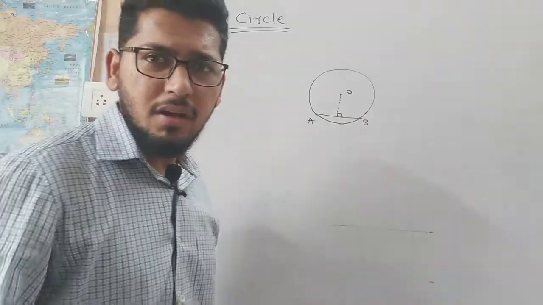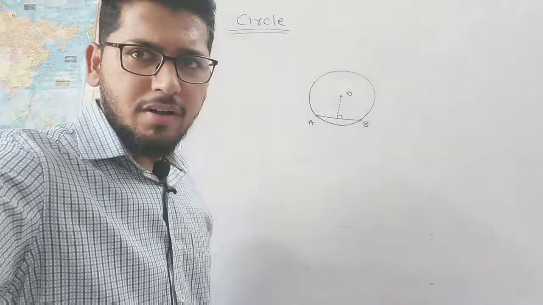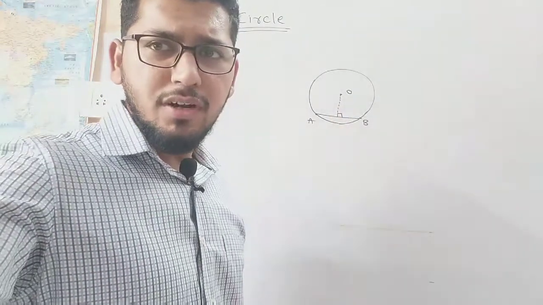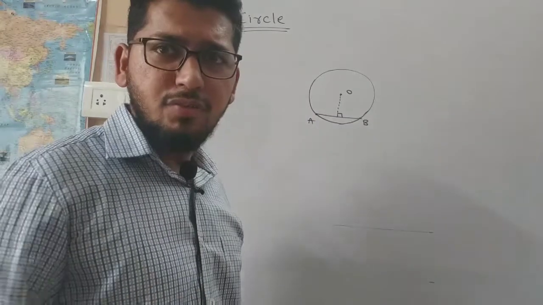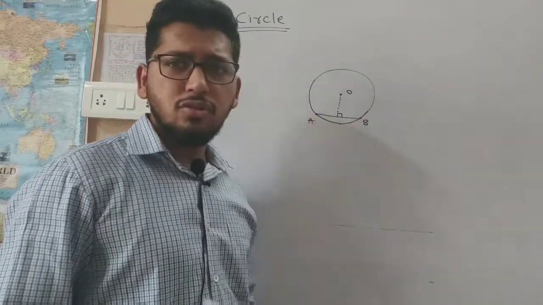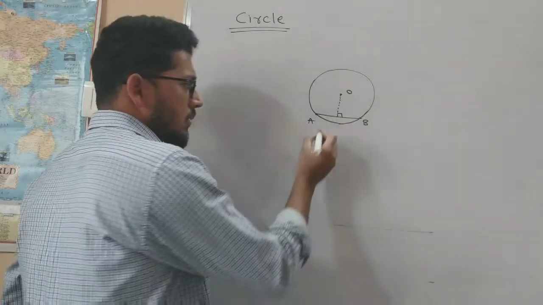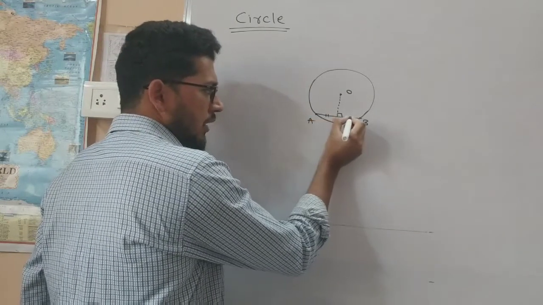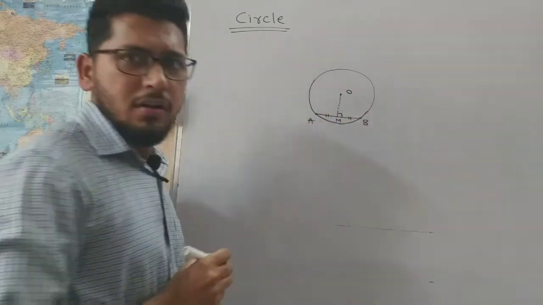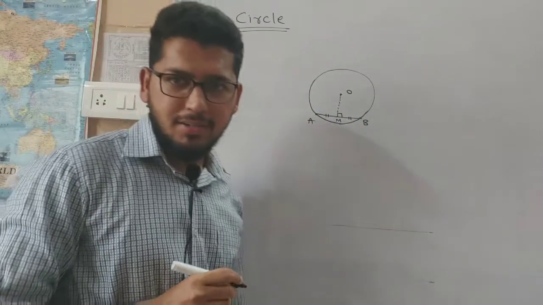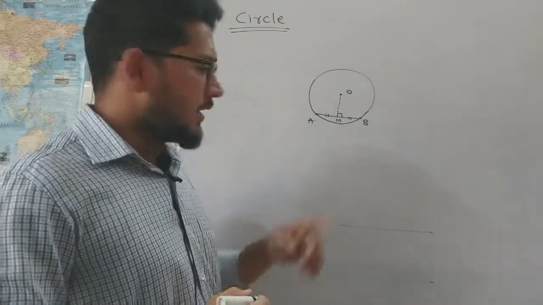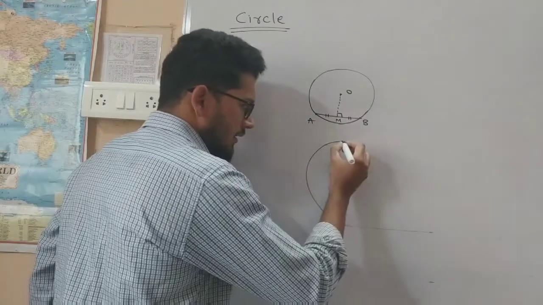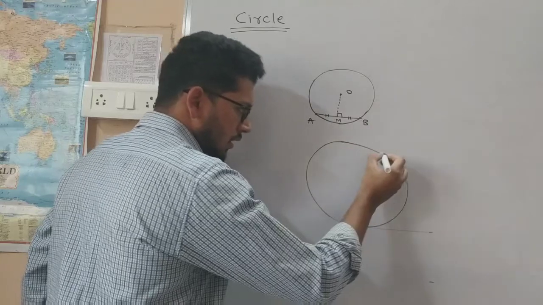Bisection is nothing but the segment which will divide the chord in two equal parts. Suppose I am taking point M here, so AM would be equal to MB and OM would be the perpendicular bisector. So in any circle, the distance from the center to the chord bisects the chord.